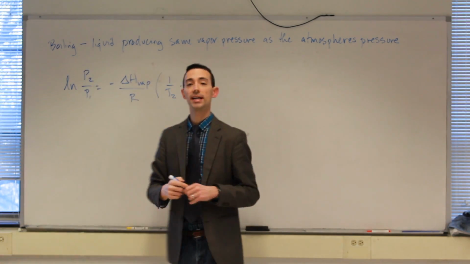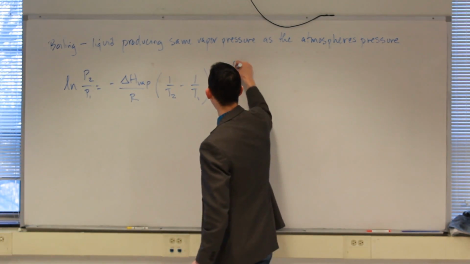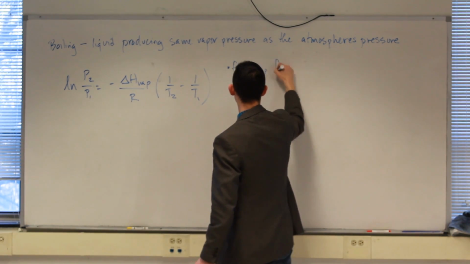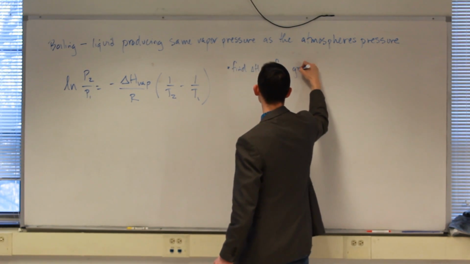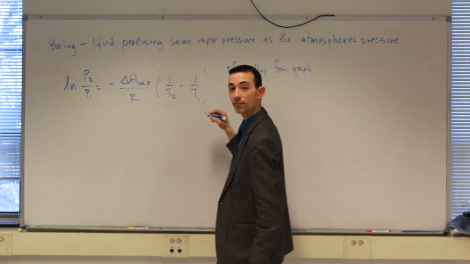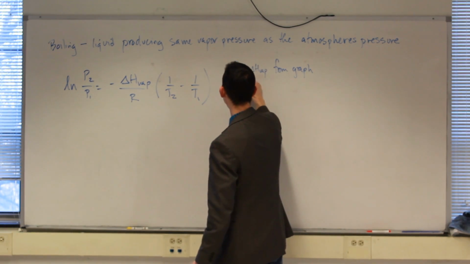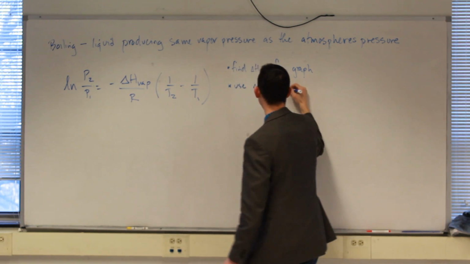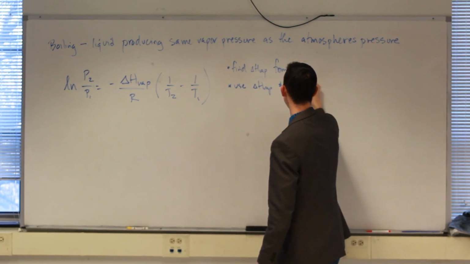In our work in the lab today, we're going to find delta H vap from the graph. Then we're going to use the delta H vap and a pressure and temperature.